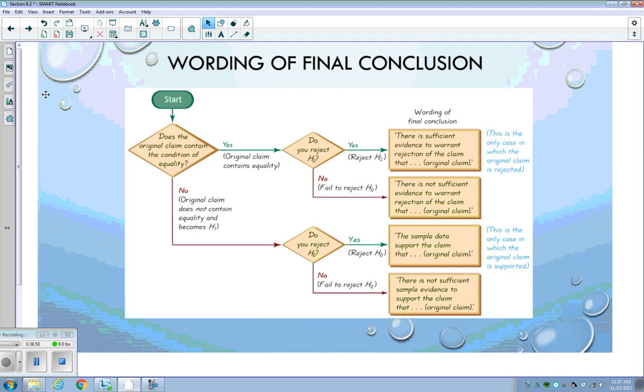If we reject, the sample data support the claim that the XSORT method is effective. If no, there is not sufficient evidence to support that claim. So then it goes back to the claim. And that we will practice. We're going to practice all of it.